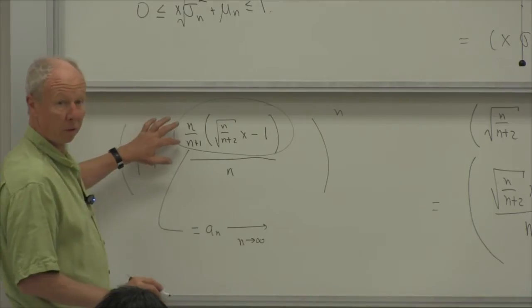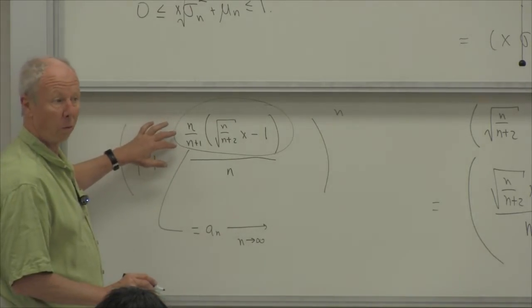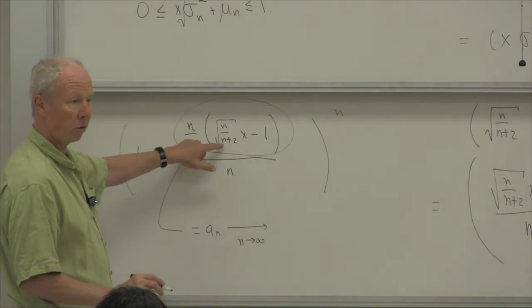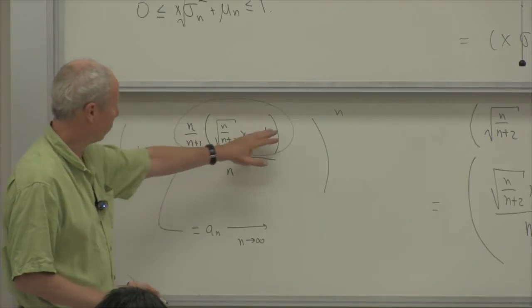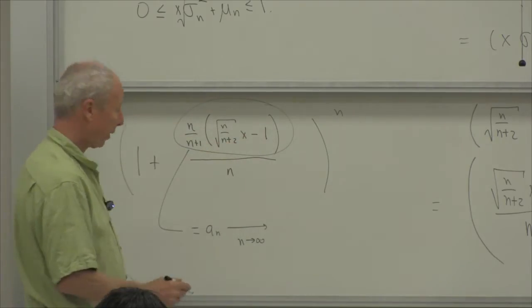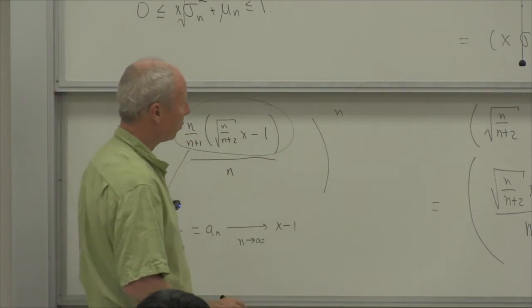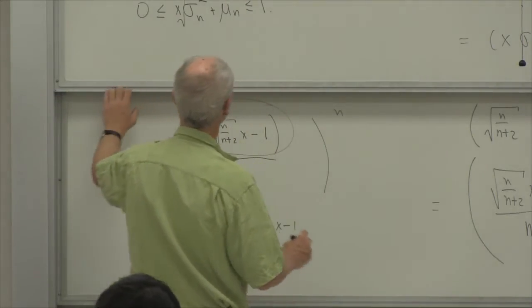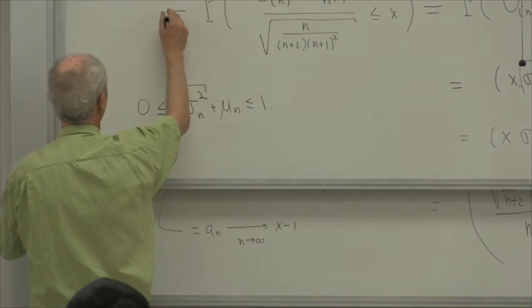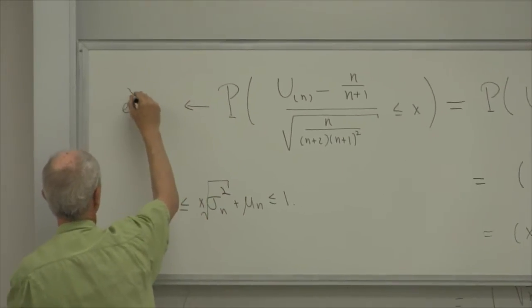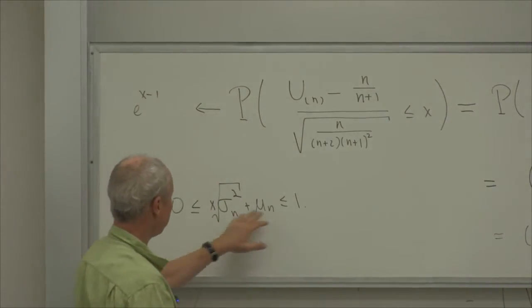N over n plus 1 goes to 1. N over n plus 2 goes to 1. So this whole numerator goes to x minus 1. So what does this probability converge to? This converges to e to the x minus 1, so long as this is true.